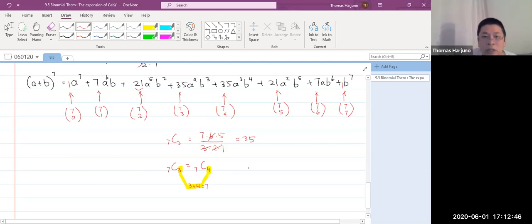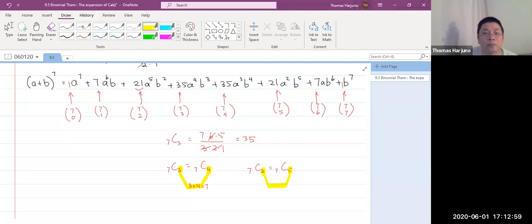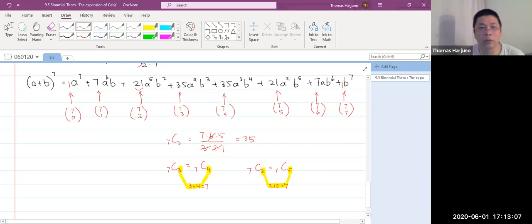Now you will also see 7 combination 2 is the same as 7 combination 5. Why? Because 2 plus 5 equals 7. That's the phenomenon we see from the symmetry that we saw earlier.